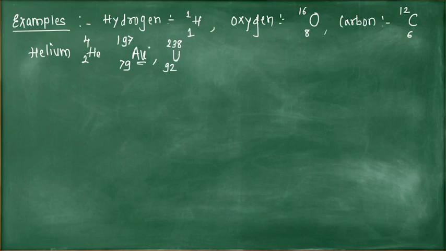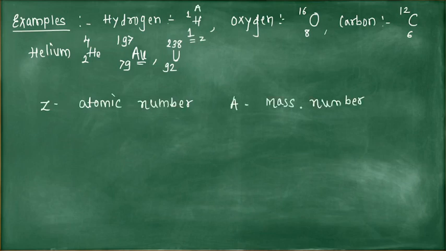So these are the symbols. The element can be represented with Z at the lower side and A at the upper side. So what are Z and A? Z is called the atomic number, and A is called the mass number.